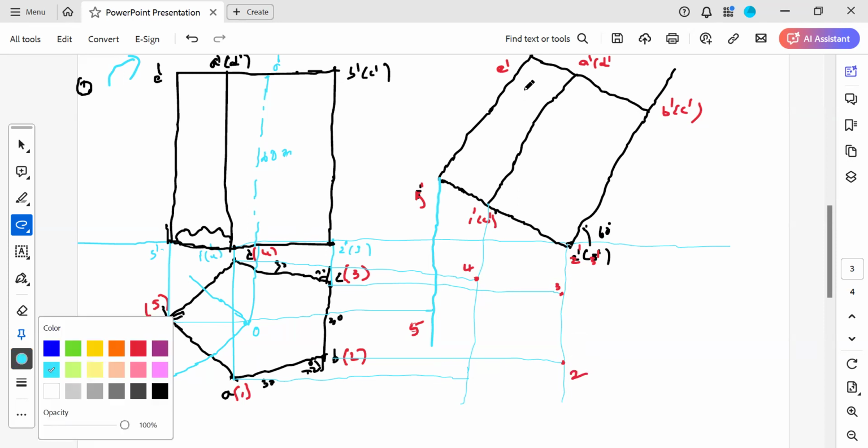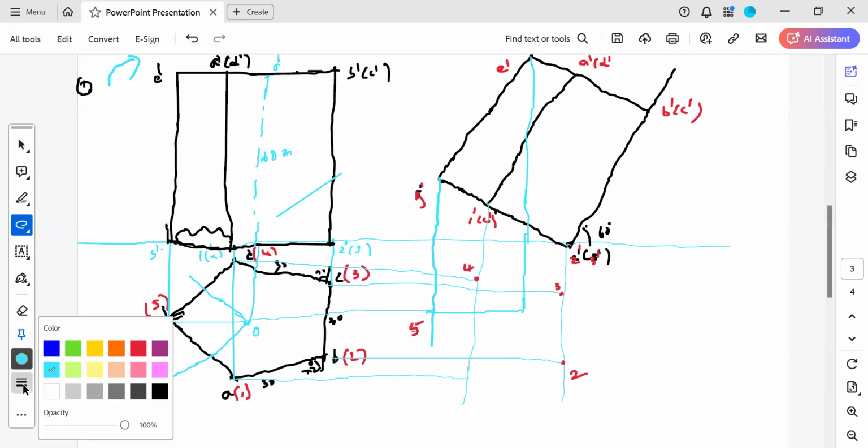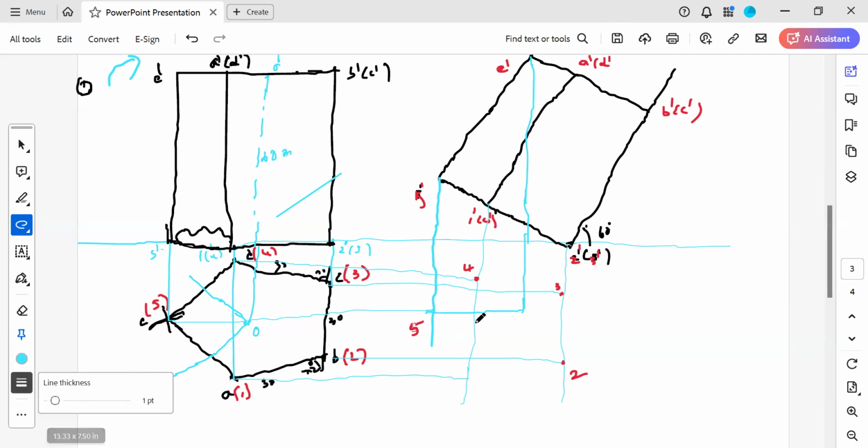From the top surface also, from E to E, this is the E point. So from E to E, the projection is the E point.